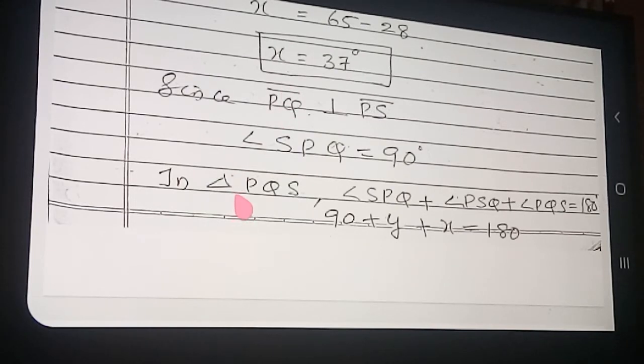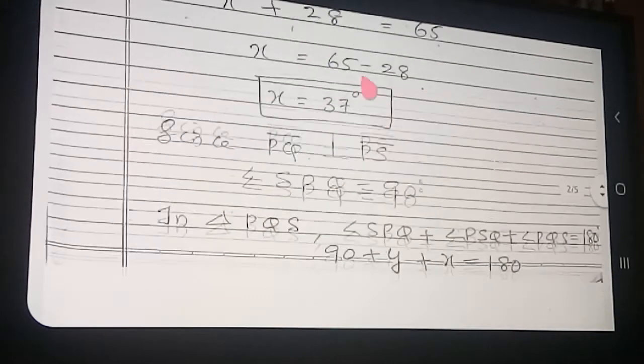Again see the diagram. In triangle PQS, angle SPQ plus angle PSQ plus angle PQS is equal to how much? 180. The sum of all angles is equal to 180. So what is SPQ? 90. And what is PSQ?